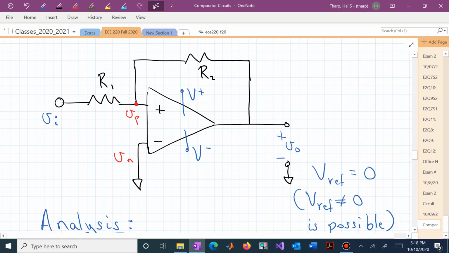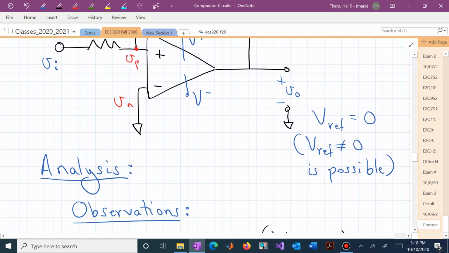And here we're simply letting the inverting pin be connected to ground just to make the analysis a little cleaner as we explain it initially, but Vref being not equal to 0 is possible, and we'll try to state that at the very end. But under these conditions, let's see what we have.